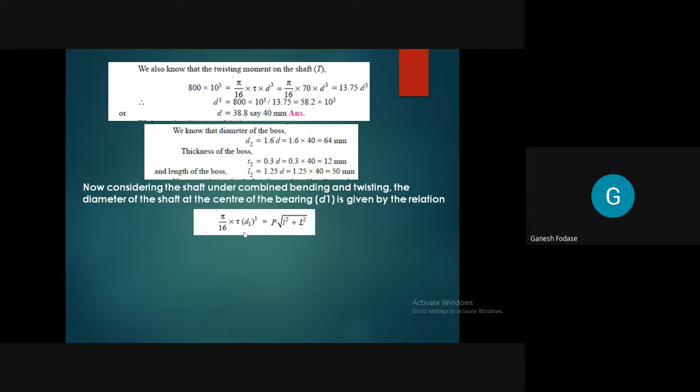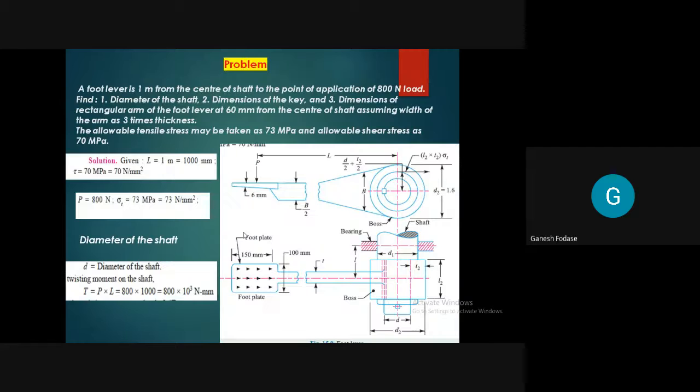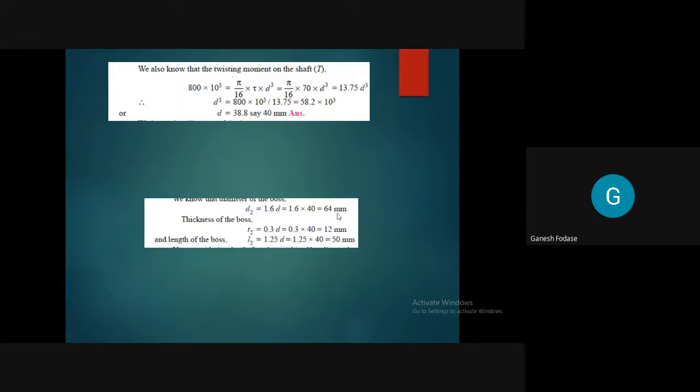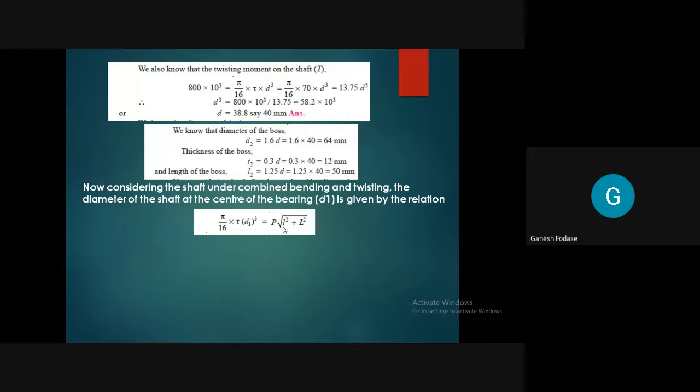As P is known and capital L is known, how much is small l? Sir, we have to find it. Two into L2. Okay, so what is unknown here?